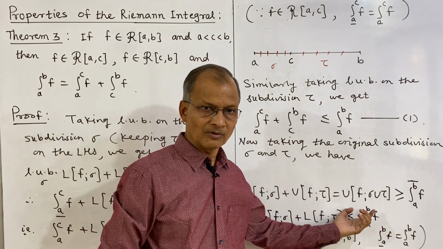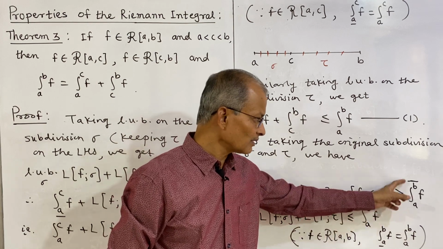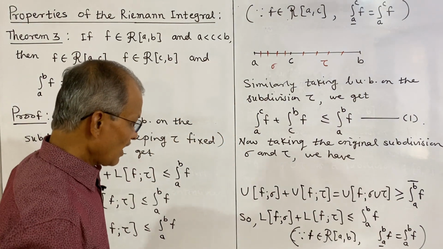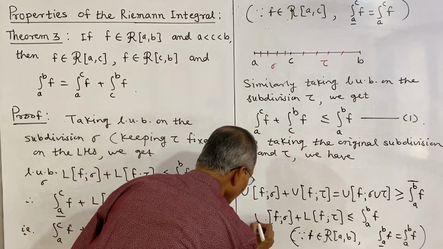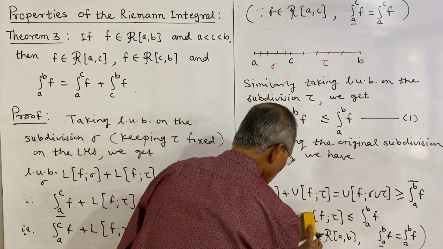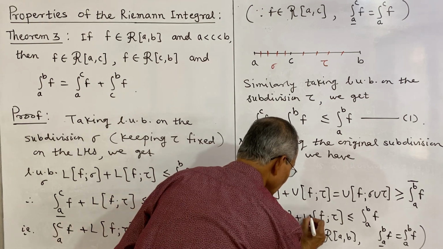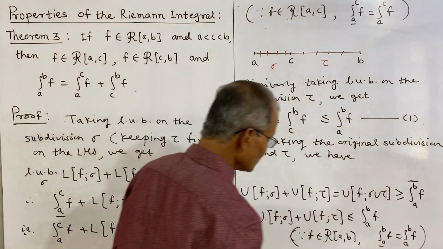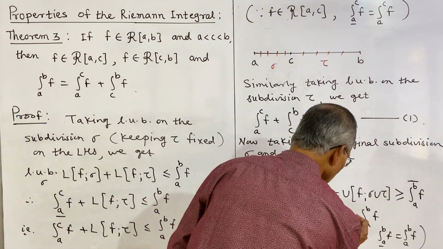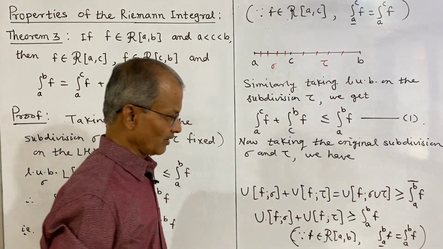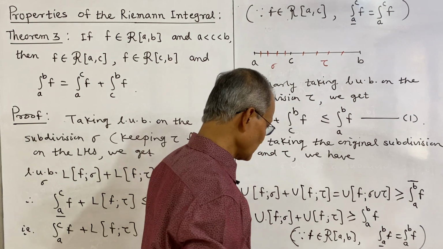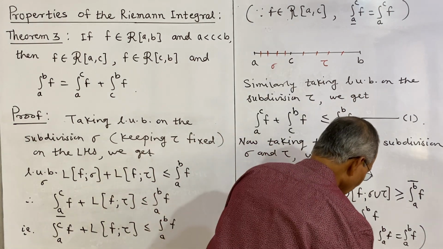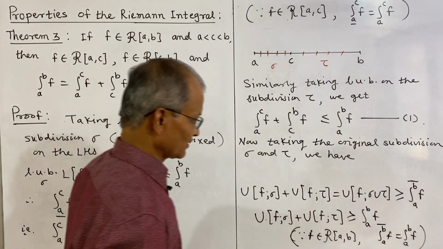Thus upper sum of f on sigma plus upper sum of f on tau is greater than or equal to the integral from a to b of f, because the upper integral is equal to the integral, since f is Riemann integrable.